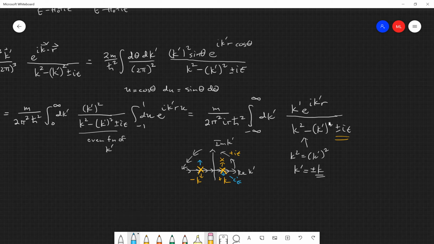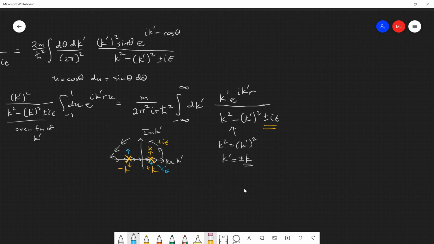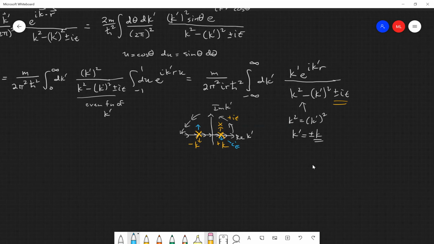And that selects which Green's function you get, because if you put either plus or minus, depending on whether you put plus or minus k prime here, right?